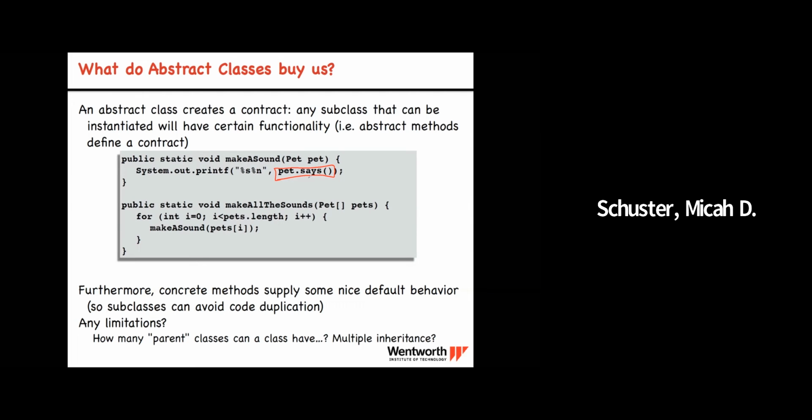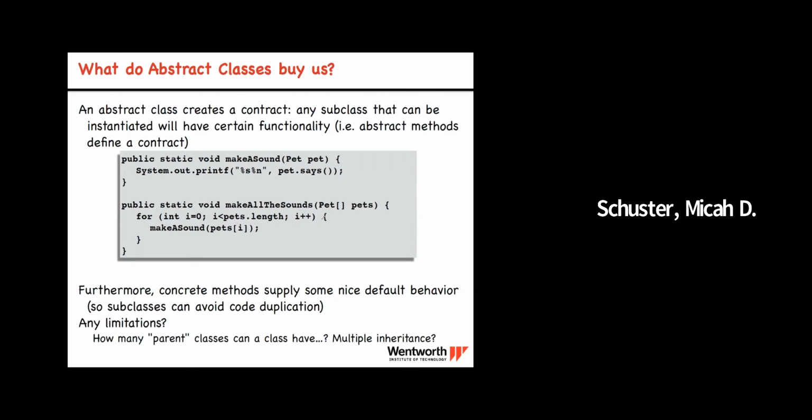Yes, it's abstract, and the concrete classes have to implement it, but we know that if a concrete object is a pet, then it must have says. That's what I mean by defining a contract. Every pet must have a says, so I don't have to do anything special. I can just take the pet object, the dog or the cat or the fish or the goldfish or parrot or whatever pets I have, and I will always be able to call this method on whatever pet that is because it must exist.